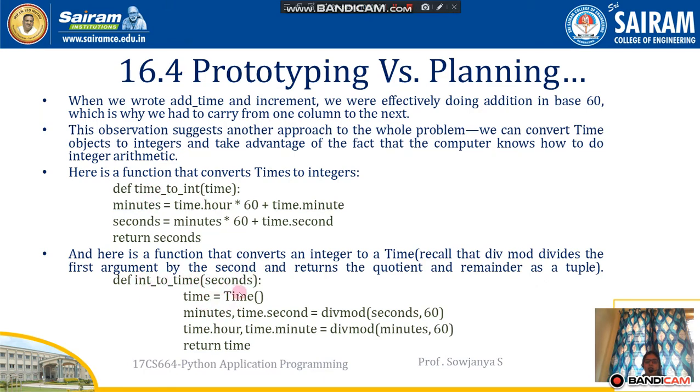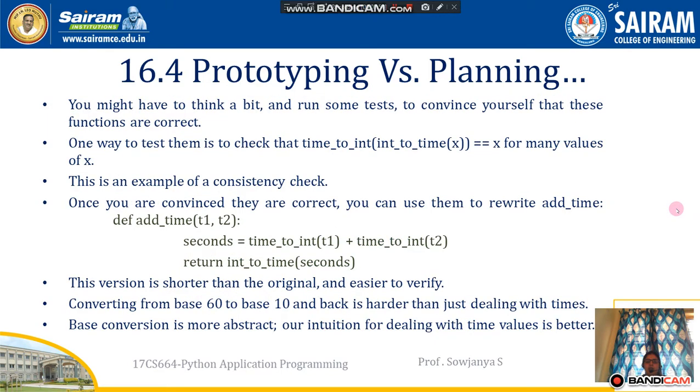Time is equal to Time function, minutes, time dot second is equal to divmod of seconds comma 60. Then time dot hour, time dot minute is equal to divmod of minutes comma 60, and then return the time value. What does this do? It returns the quotient and remainder. That is divmod. So that is how we can do this.